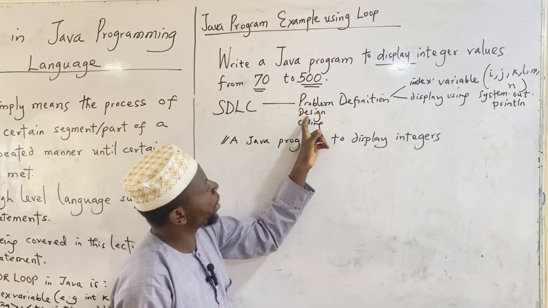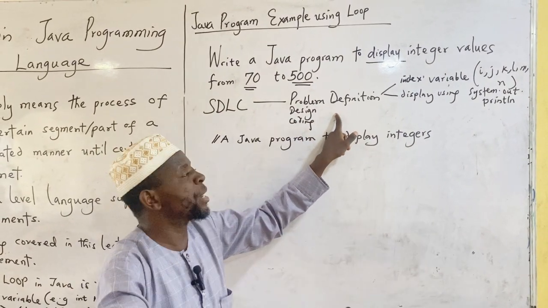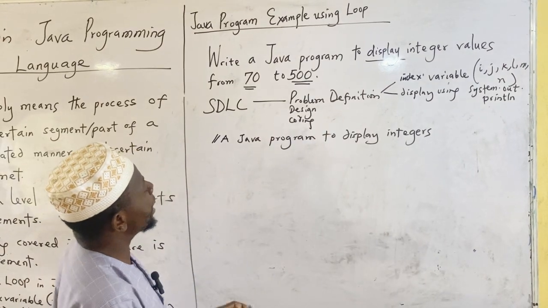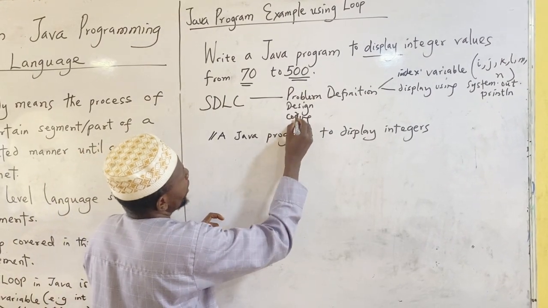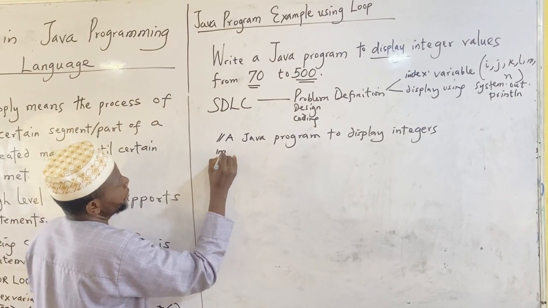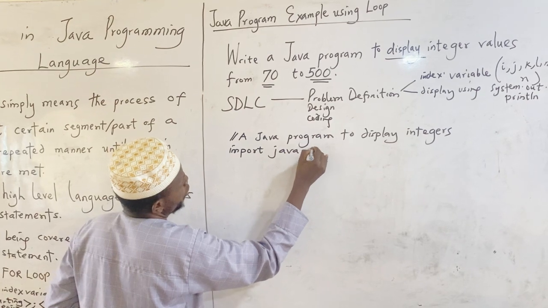As we get to design, we'll be talking about UML diagrams, algorithm design, flowcharting, decision tables, and so on. So the next thing is coding. And all you have to do is, after writing the comments, you can write import java.io.